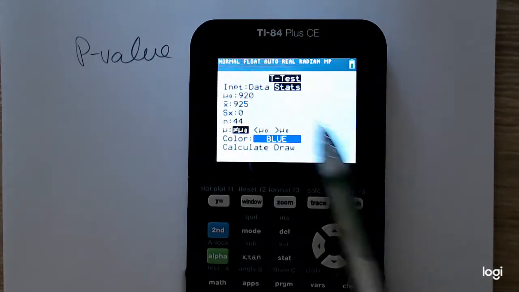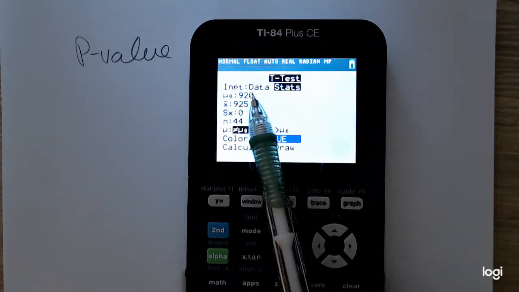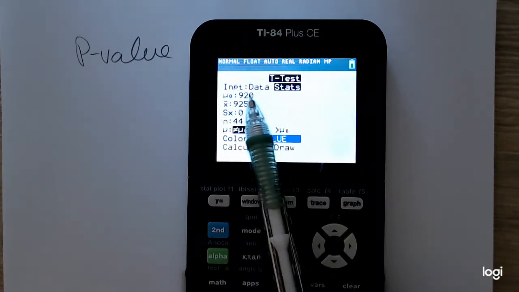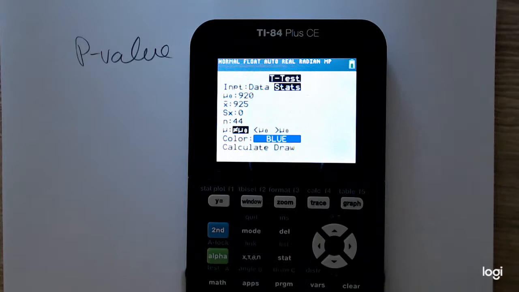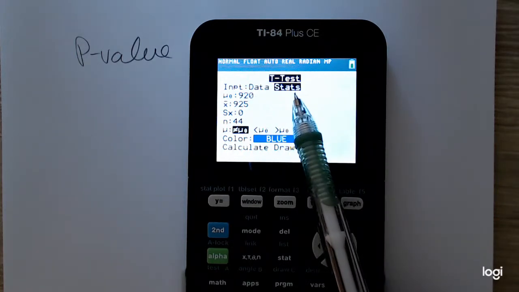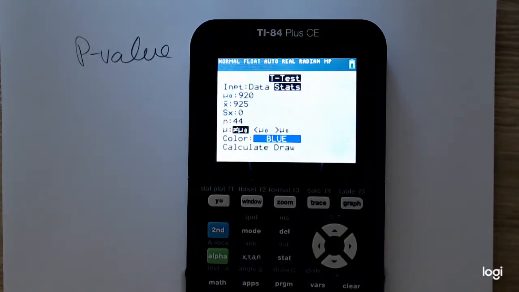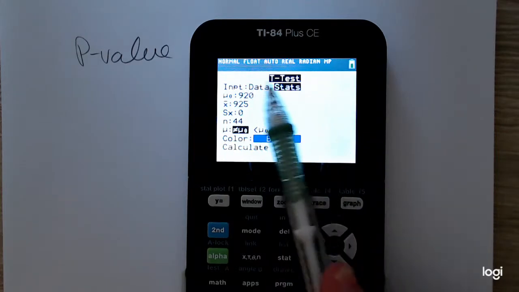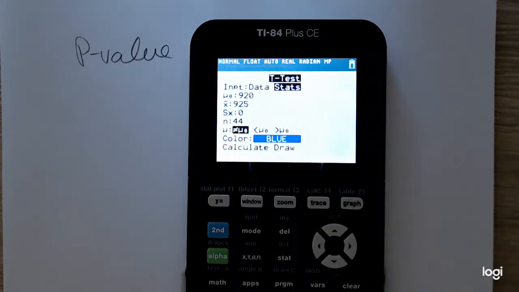And either we'll have the raw data, all 40 bounce heights, or the summary statistics, which is what we have in this problem. This screen is nearly identical to the z-test. It's going to be asking for pretty much the same pieces.